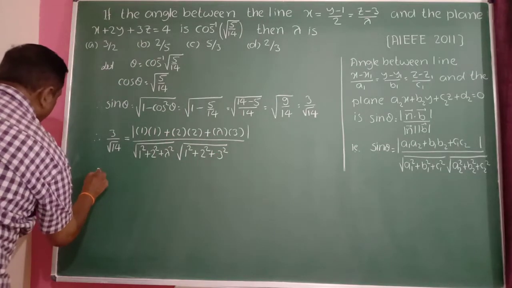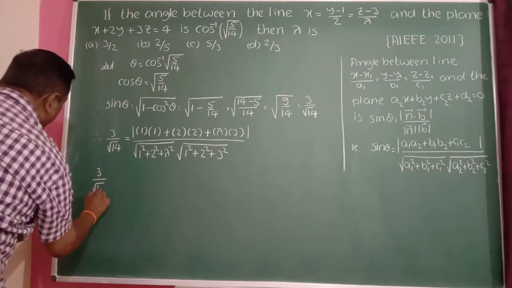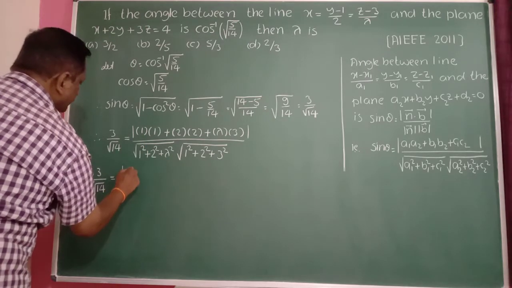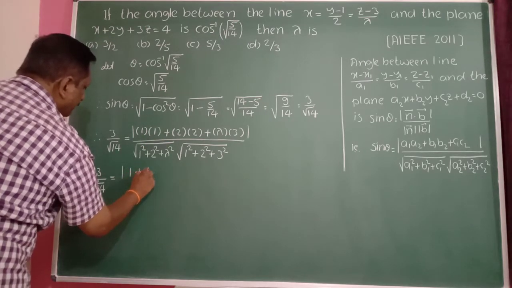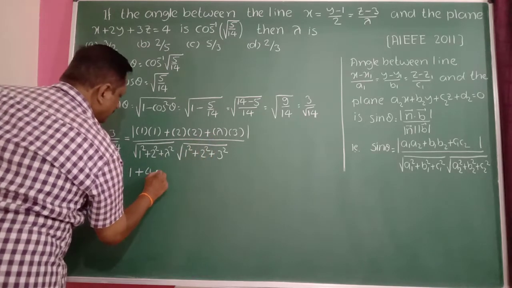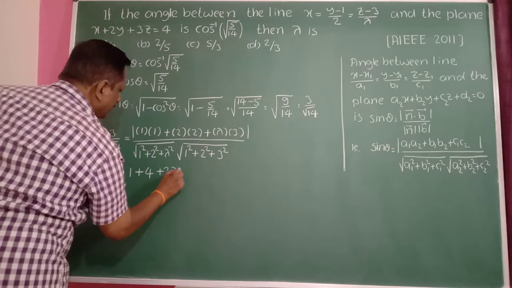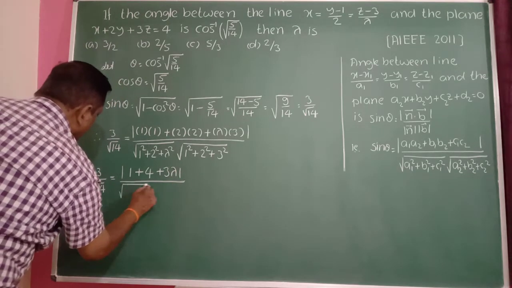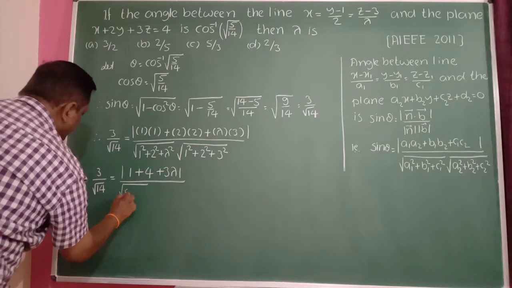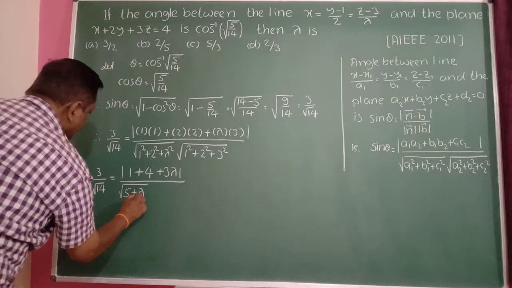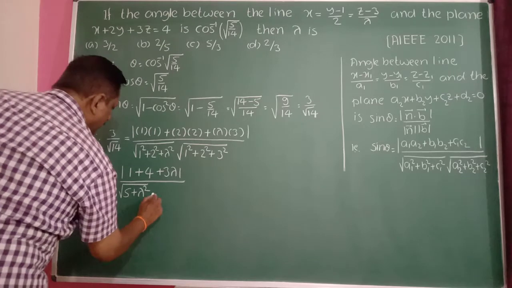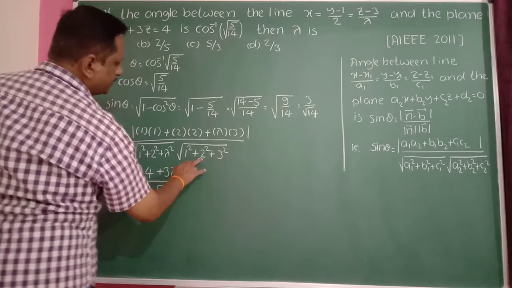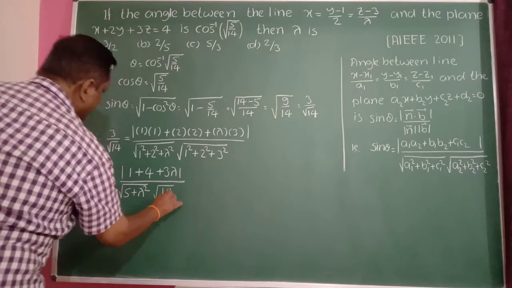Therefore 3 divided by root of 14 is equal to: 1 into 1 is 1, 2 twos are 4, plus 4 and lambda 3, so 3 lambda, divided by root of 4 plus 1 is 5, 5 plus lambda square, then the root of 3 square is 9, 9 plus 1 is 10, 10 plus 4 is 14, root of 14.